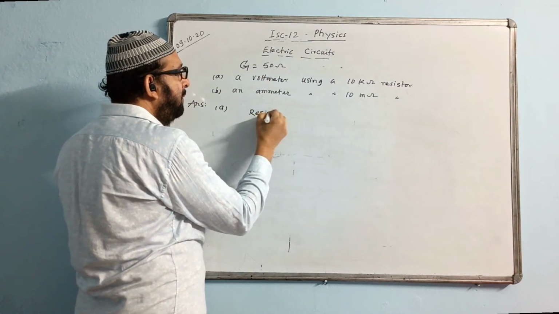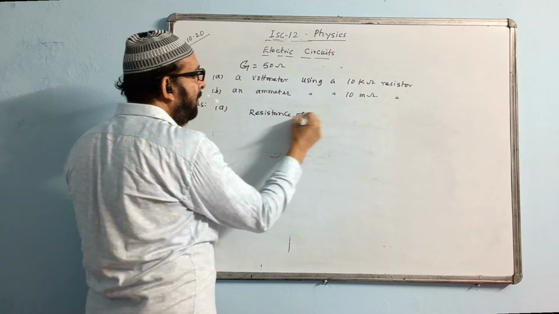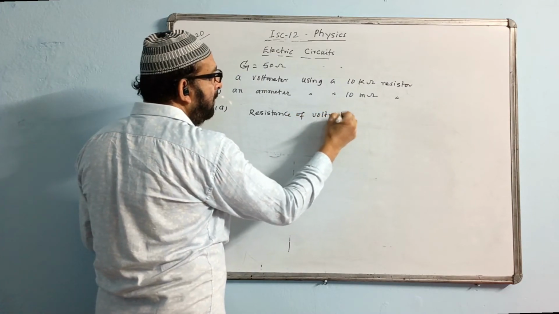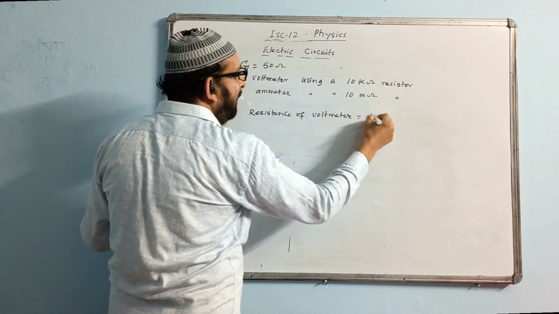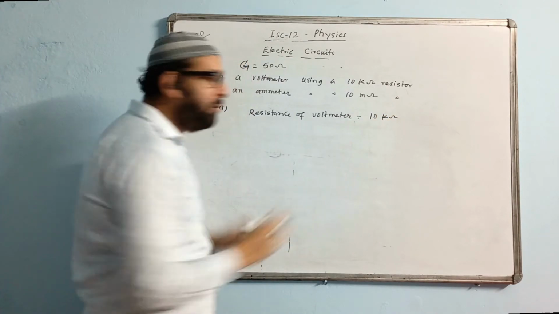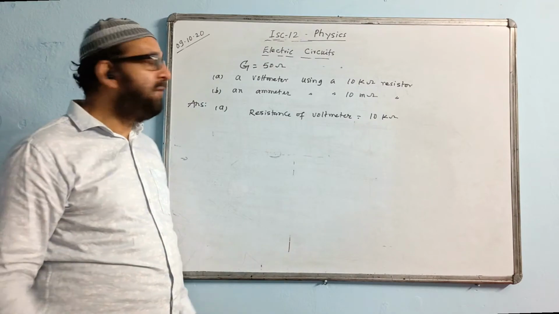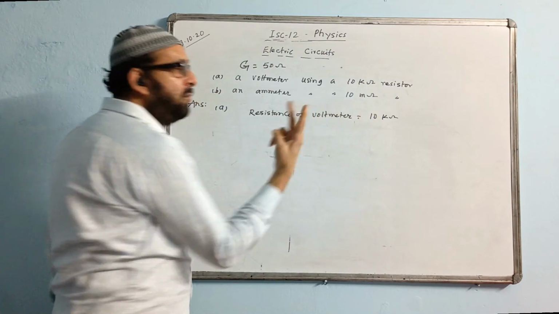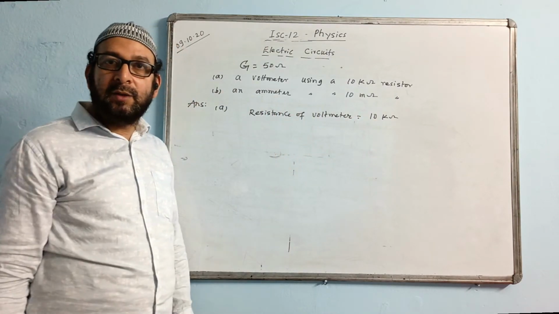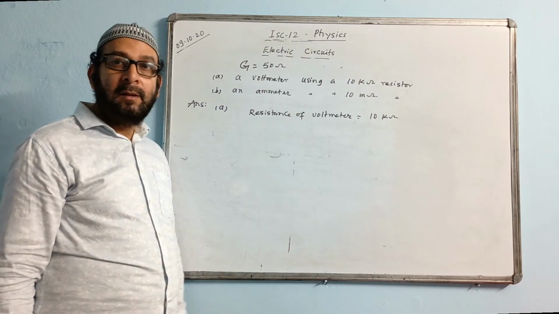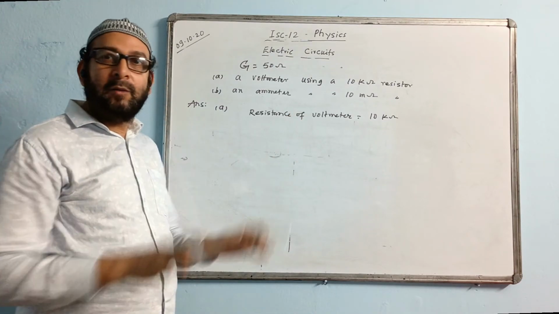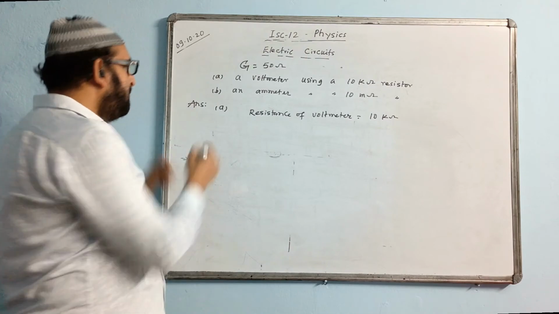Resistance of voltmeter is equal to this value, 10 kilo ohm. No calculation you show, that is the answer. This is in how many significant figures? Two, because 1 and 0 are two figures. So it's already two significant figures. No need to show any calculation.